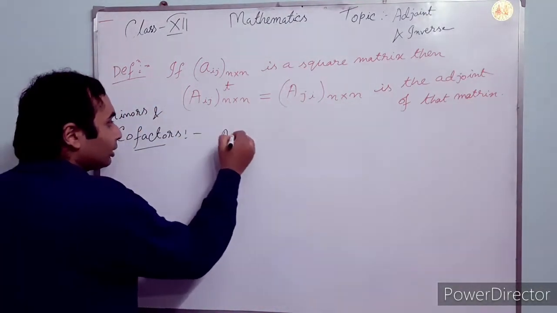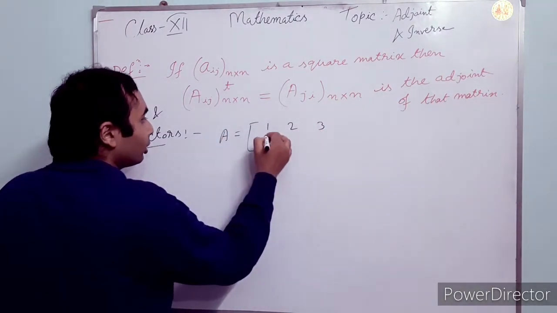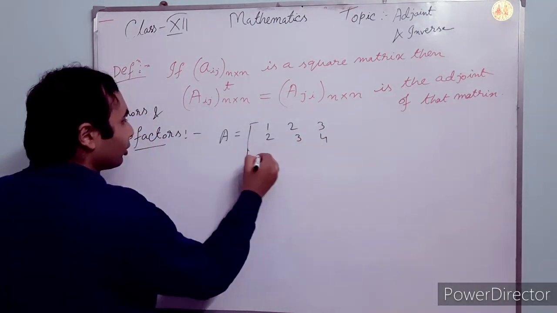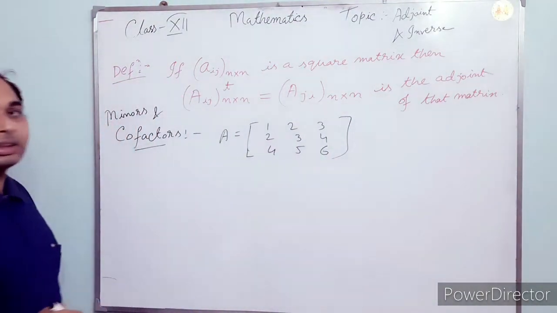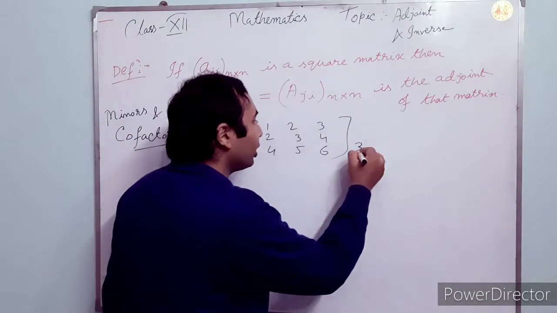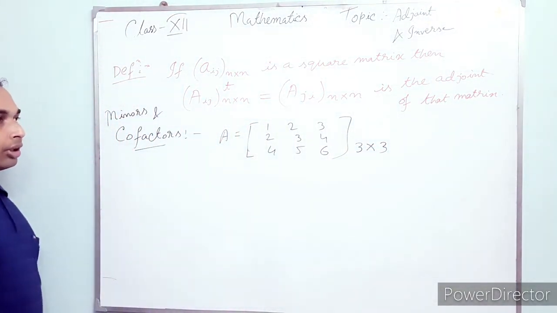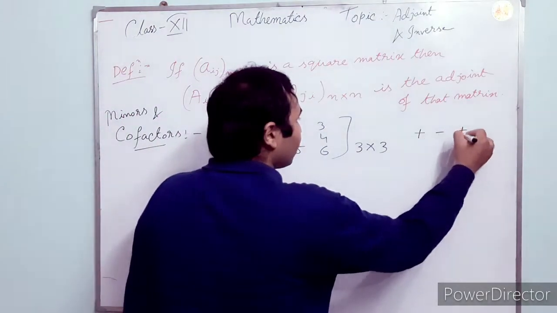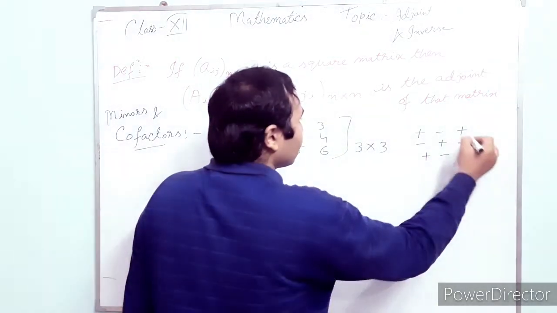Let us take A equals to 1, 2, 3, 2, 3, 4 and 4, 5, 6. If this is a matrix, A is a square matrix, obviously 3 cross 3. I am writing here 3 cross 3. Now I have told you one rule, that is plus minus plus, minus plus minus, and plus minus plus.